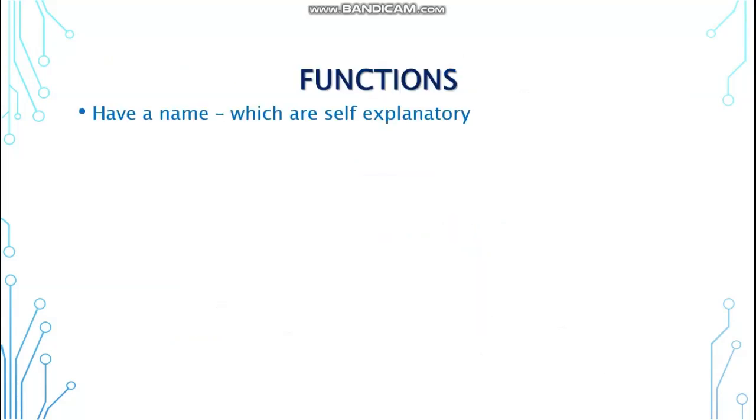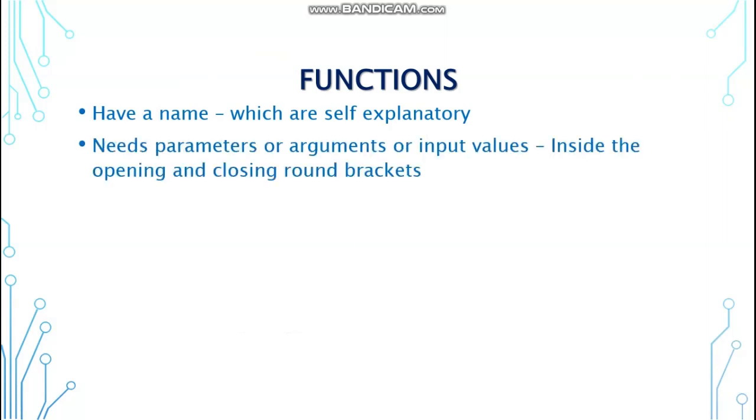When you talk about functions, your function will always have a name because they are already built in, and the names given are very self-explanatory. You can understand from the name itself what this function would do. And then every function needs parameters, arguments, input values.